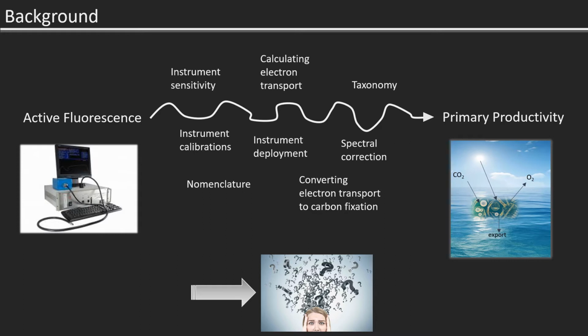At the moment, there's quite a lot of confusion in the user community on how to best deploy these instruments. Obviously they don't actually measure primary productivity directly, but you have to use biophysical models to estimate rates of electron transport and then convert these into rates of carbon fixation.